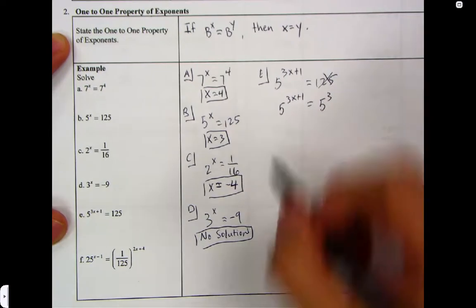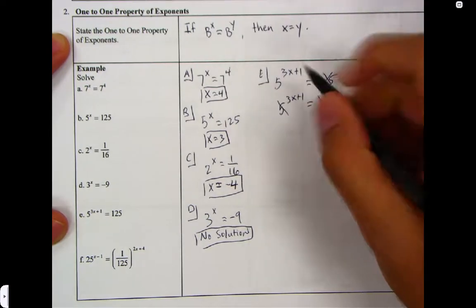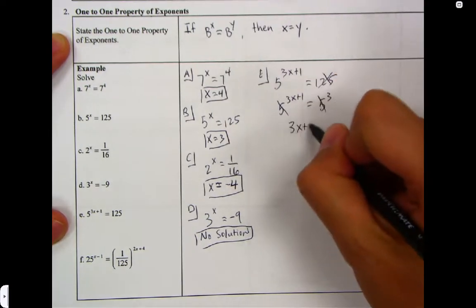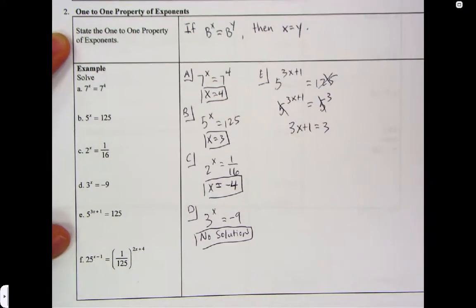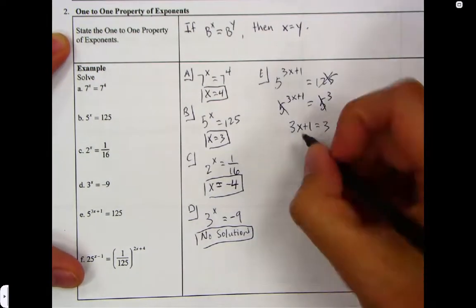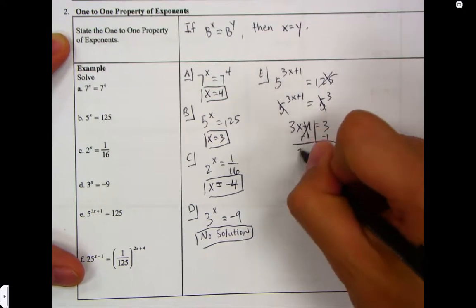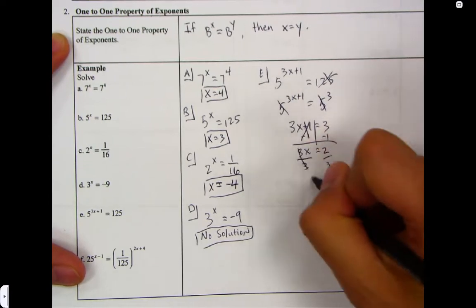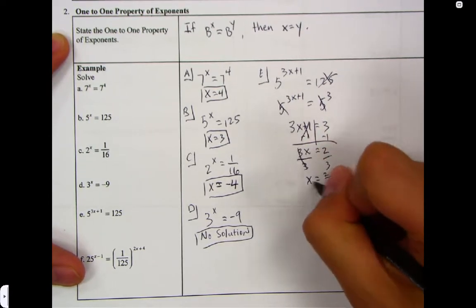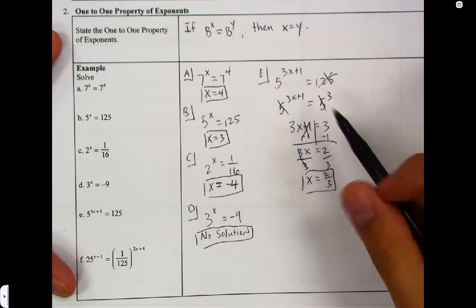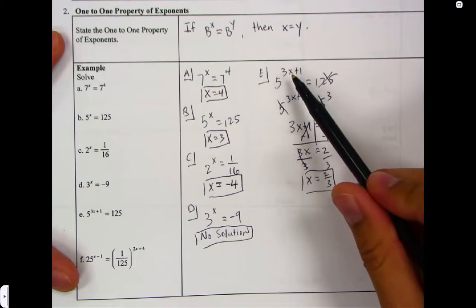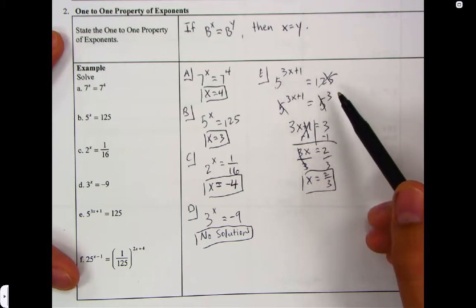And the bases are the same, so that means 3x plus 1 has to equal 3. It's an Algebra 1 equation. Subtract 1 on both sides. Divide by 3. And x is equal to 2/3. That means if I put 2/3 for this x here, 3 times 2/3 is 2, plus 1, that's 3. 5 to the third is equal to 125.